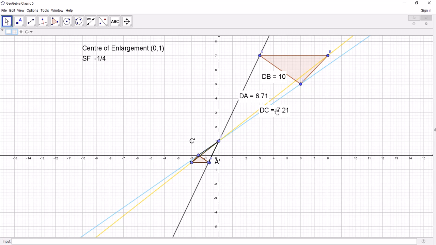Because GeoGebra has automatically rounded the numbers, it hasn't given me the full ones, and also because in your exam you'll only be working in millimetres, you can't have it really, really accurate to a nanometer or a micrometer. You just have to work with what you're given.